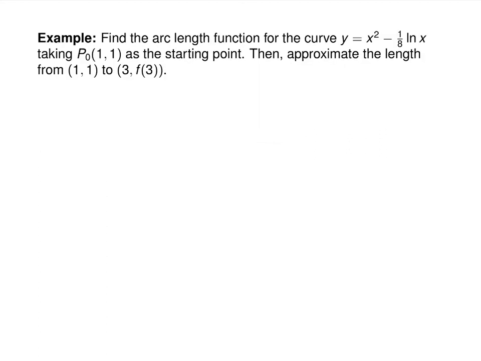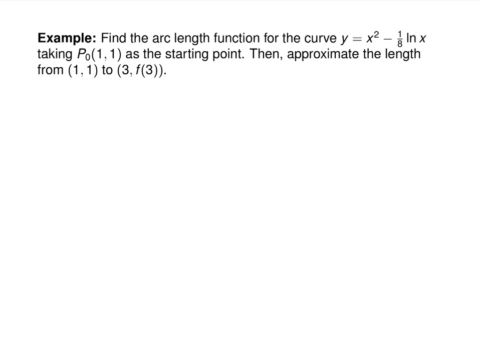So find the arc length function for the curve x squared minus 1/8 ln x, and then take P sub naught as 1, 1 as the starting point, and then approximate the length from 1, 1 to 3, and whatever f of 3 is, which will be 9 minus 1/8 ln 3.